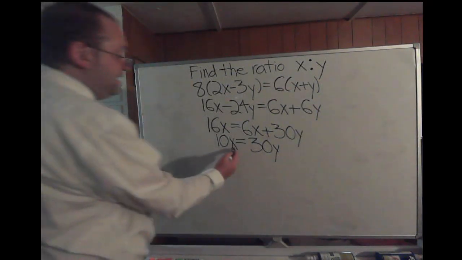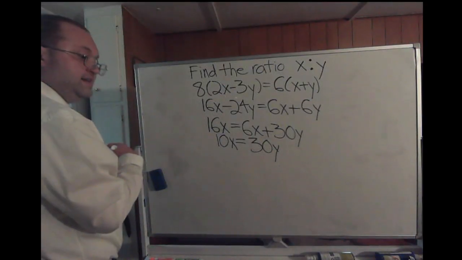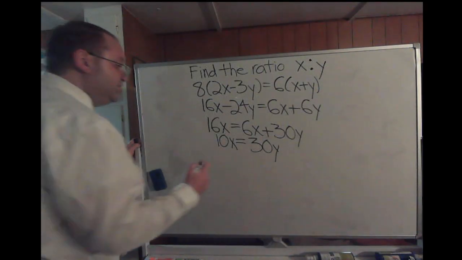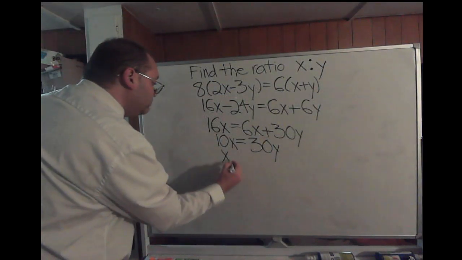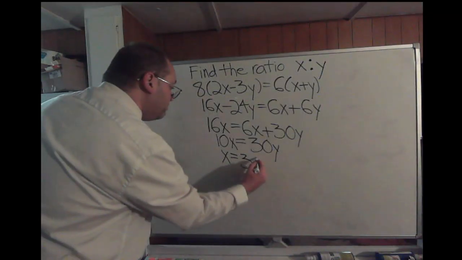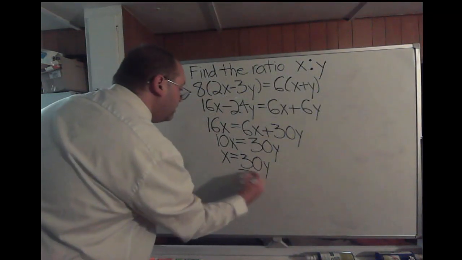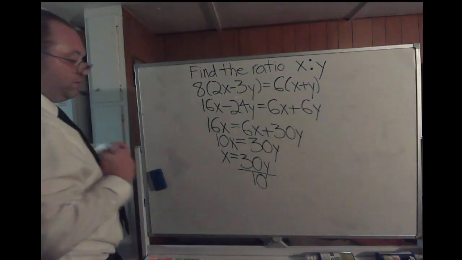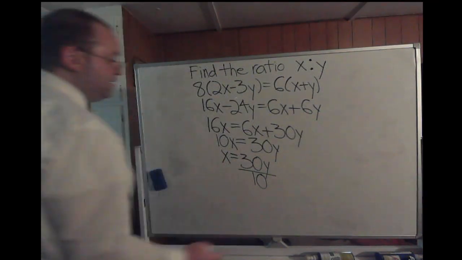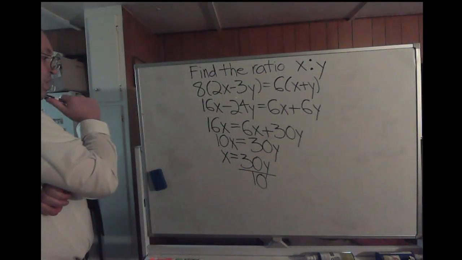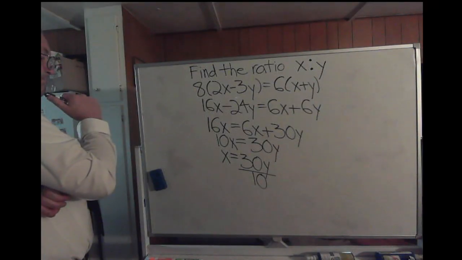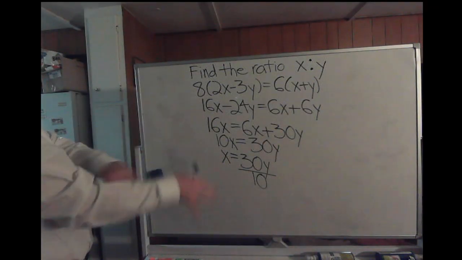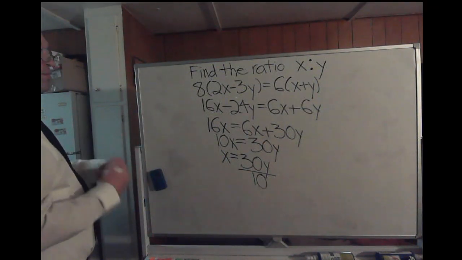Well, we want to get that x by itself on the left-hand side, so you got to divide by 10. If you do that, you'll just have x is equal to 30y over 10. Well, we want to, of course, divide that fraction by y.